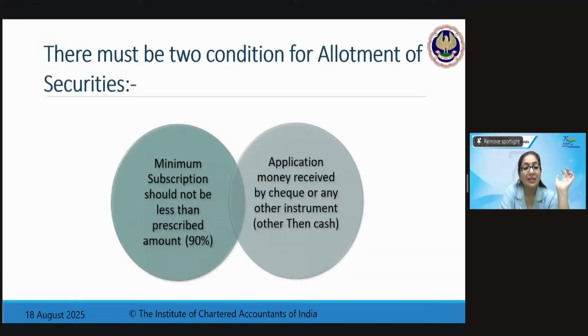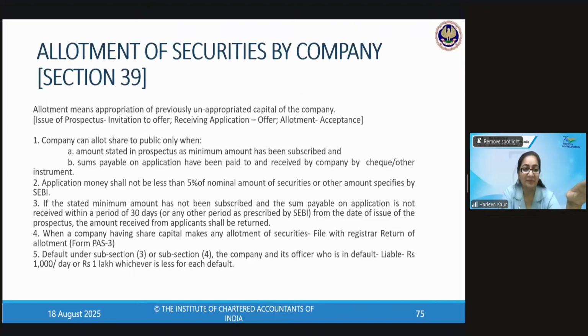Now, what is the meaning of section 39? Day one, when we started the chapter of prospectus, I told you that when I, as a company, come up with the issue of a prospectus in the market, that is an invitation to offer. Remember the Indian Contract Act, what is an invitation to offer?